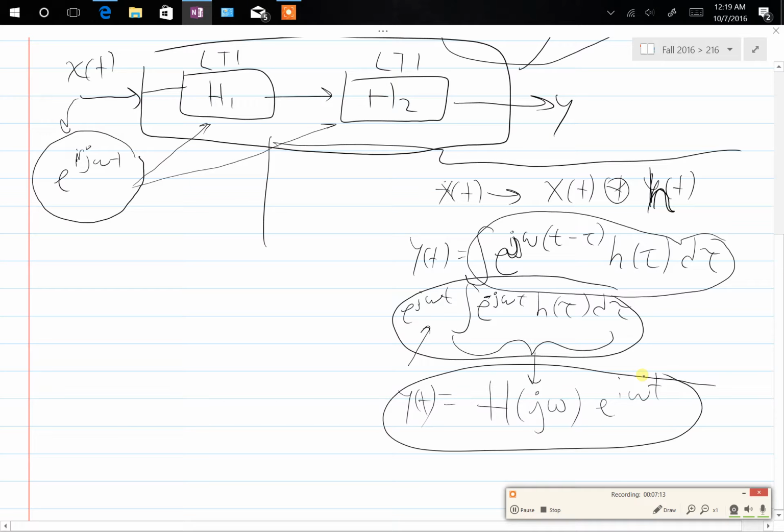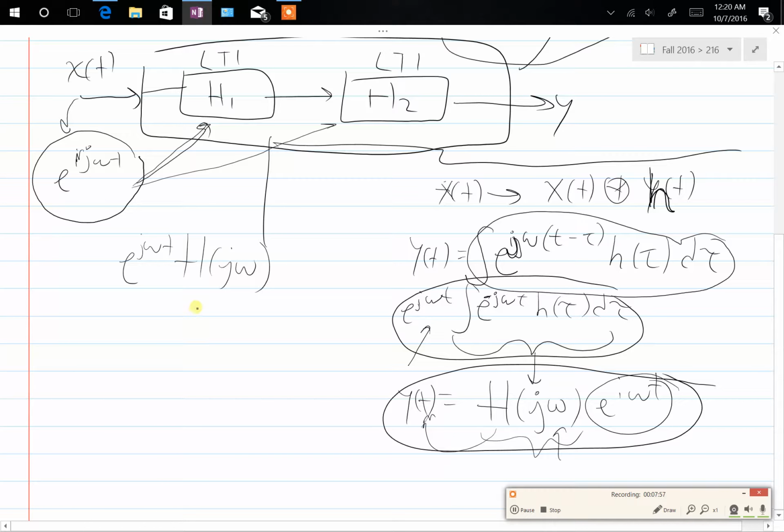Given that I have this information, and since H of j omega clearly does not depend on time, it's just a constant with respect to the output y of t, and the only time dependence comes from this term. So if the input is a complex exponential, or a sum of complex exponentials, and I pass this onto an LTI system, the output is just equal to e to the j omega t times the transfer function H of j omega.